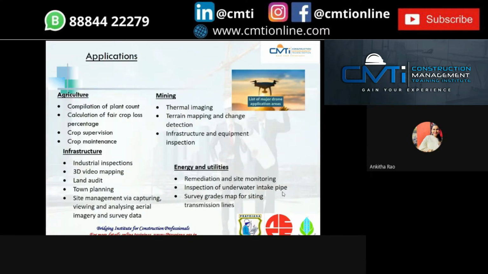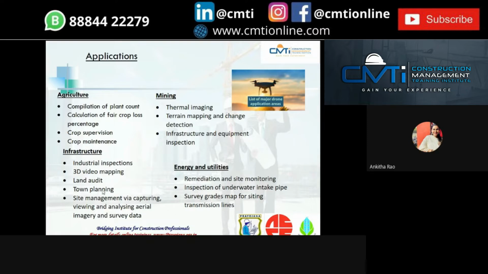Applications of drones. Drones are used in agriculture, mining, infrastructure, and energy utilities. Like in agriculture, completion of plant farm, calculation of crop loss percentage, crop supervision, crop maintenance can be done. And in infrastructure, industrial inspections, 3D video mapping, land audit, town planning, site management via capturing, viewing, and analysis of aerial imagery and survey data.